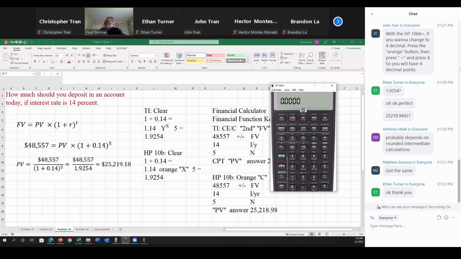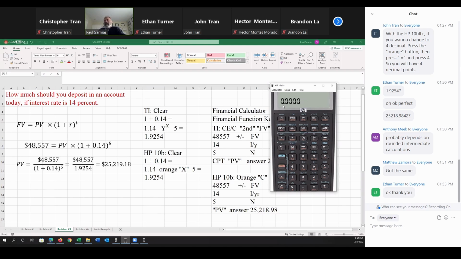So if you go, let's see if I remember how to do it. Oh, here, 1 PR. Now, those of you who are not getting the answer on your HP, try this: do orange key C. It should say 1 PR.